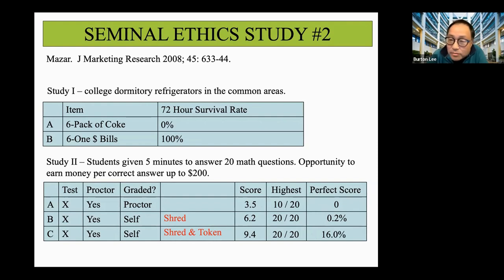And again, this is very important to frame our discussion because, so we'll call this the token effect. And just like people were willing to steal Coke, but not take $1 bills, even though they're equivalent, people are more willing to cheat, according to this research, if it involves not cash, but a token.